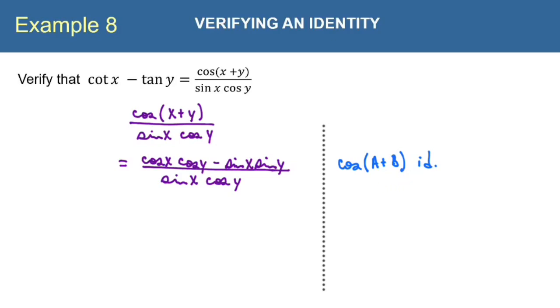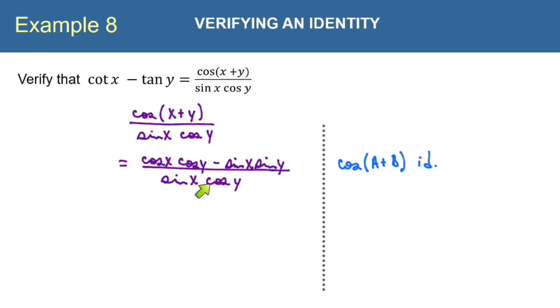Now when we were in section 5.2 and we were learning how to do proofs, we always said, if you don't know what to do next, look at what you've got and look at what you're trying to get to. The expression on the left side of our equation has two terms, so it would be a good idea for us to create two terms here as well. Let's use that strategy of splitting the fraction.